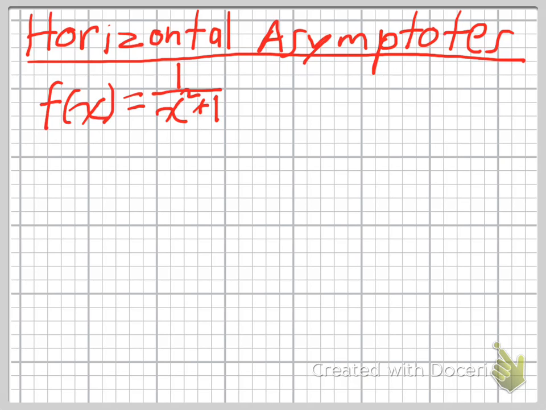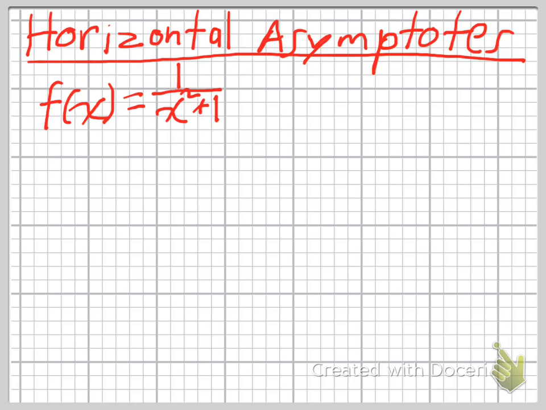So in this one, look for our highest power of x. In the numerator, our highest power of x is actually just the constant, 1. And in the denominator, we see that the highest power is x squared, our quadratic term. The coefficient is just 1. So when we don't have a value in the numerator, what do we do?